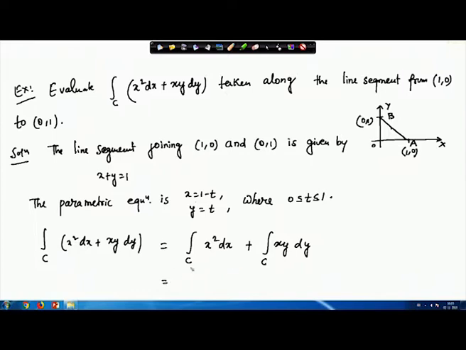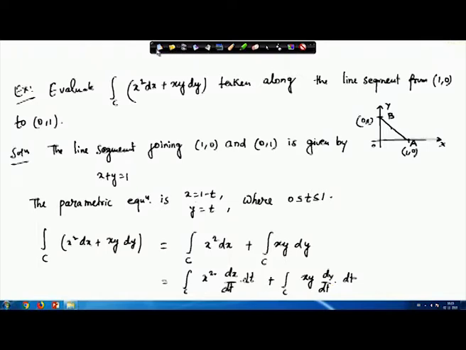We can write it as the integral over C of x squared times dx/dt dt, and the integral over C of xy times dy/dt dt. Now what is dx/dt? dx/dt would be minus 1 and dy/dt will be 1. So let us substitute the values of x squared, x, xy, dy/dt and dx/dt.